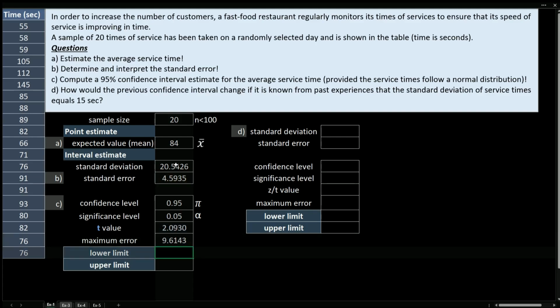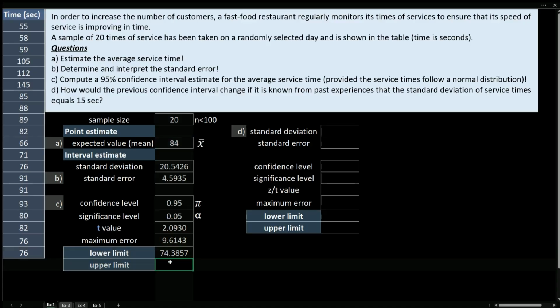First, we find standard deviation. Standard deviation divided by root n is standard error. The standard error multiplied by z-value or t-value is the maximum error. Now for lower limit and upper limit, we find the lower limit by point estimate minus maximum error, and for upper limit, it is point estimate plus maximum error.